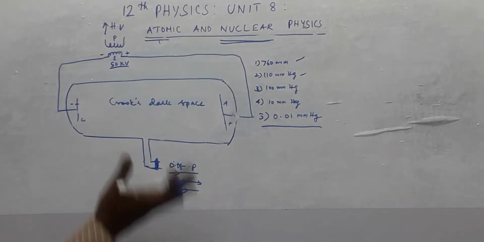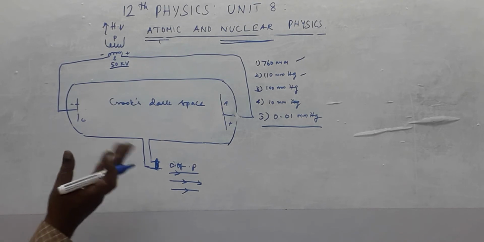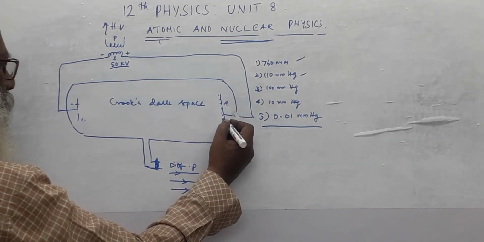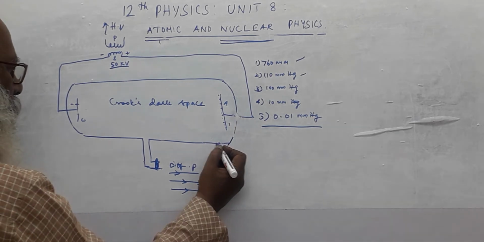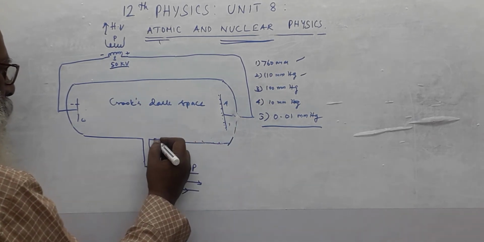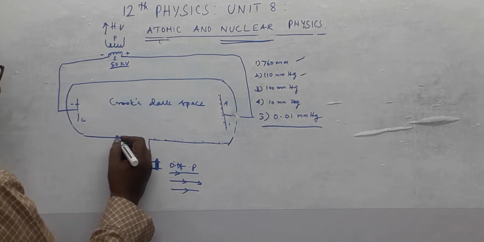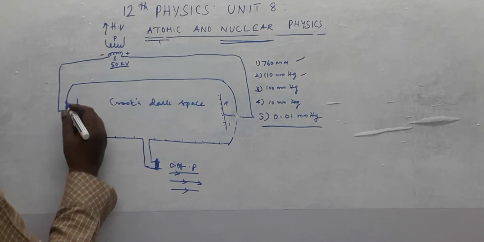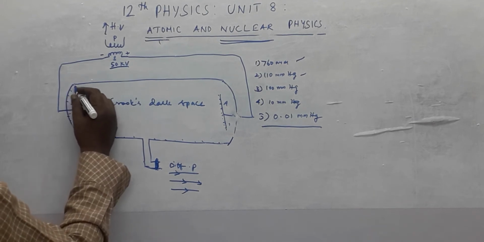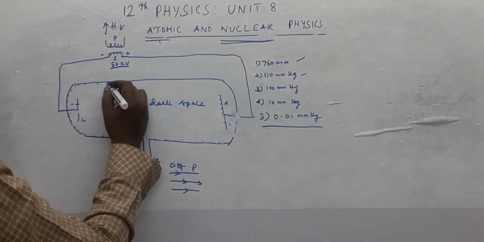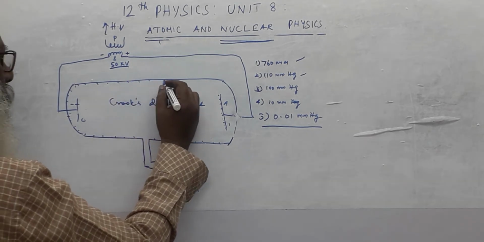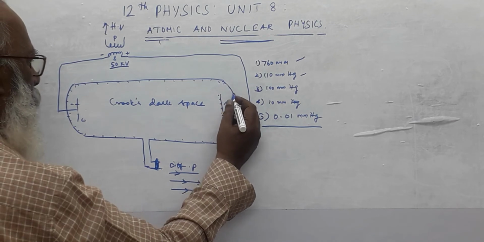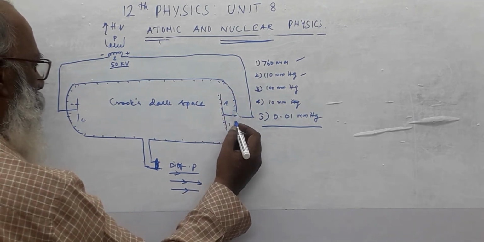But apart from this, there is a fluorescence at the terminal of anode, as well as a green colored fluorescence throughout the discharge tube. You can visualize the color but you cannot visualize the particle that moves, or where it comes from.